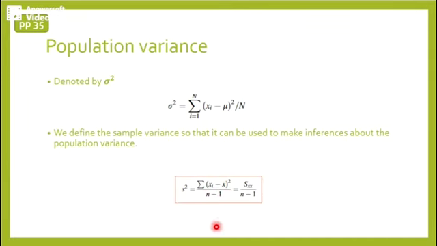So to compensate for this difference, we divide by n minus 1 rather than n. If we used n instead of n minus 1, we would have underestimated the variance.